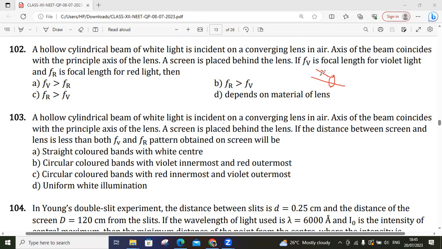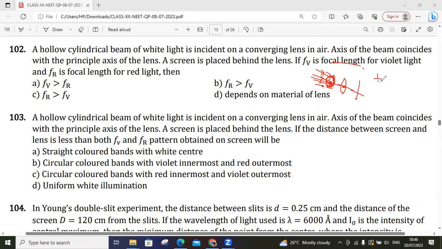The axis of the beam coincides with the principal axis of the lens. Suppose this is the lens, so the beam is like this, a hollow cylindrical beam. You can imagine a hollow cylinder. That is given. A screen is placed behind the lens. If FV is the focal length for violet light and FR is the focal length for red light.